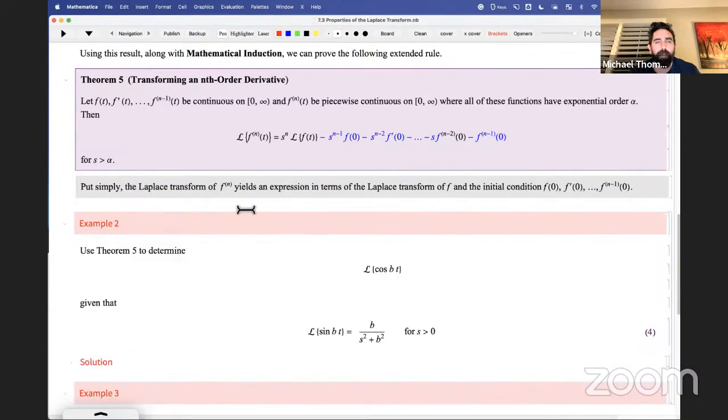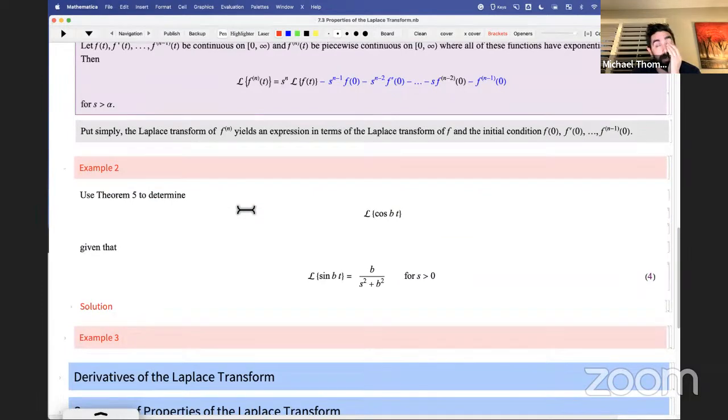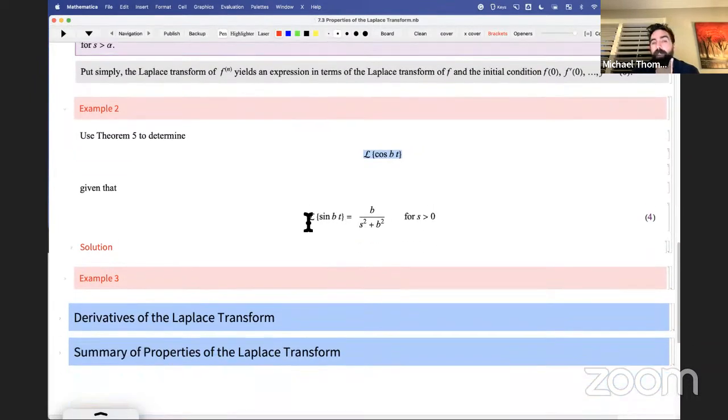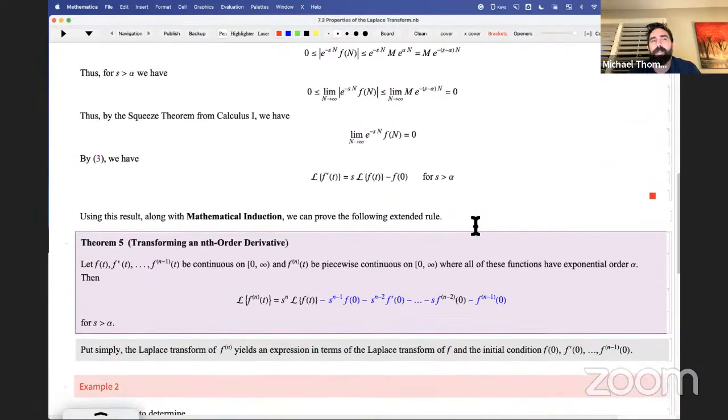Okay, so let's look at an example. This is just going to be a first order example. Let's say we don't know this transform, like it's not in our table, and you wanted to find it. And let's say that we were given this transform. So basically, we're going to avoid using the definition by using this rule up here.